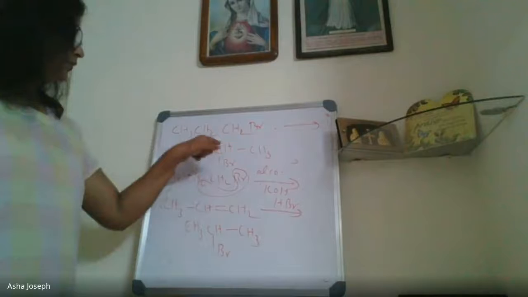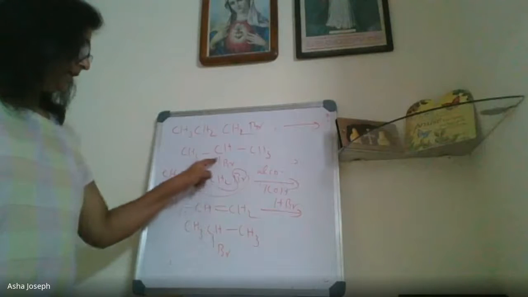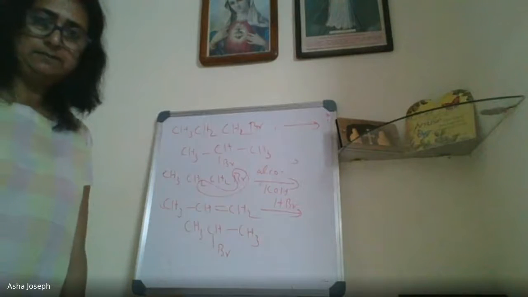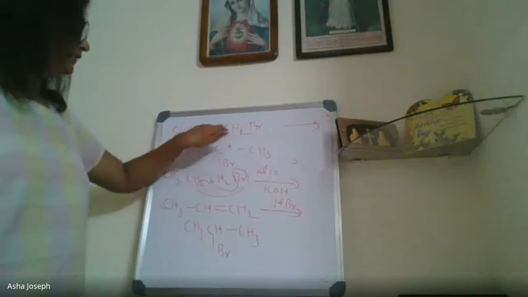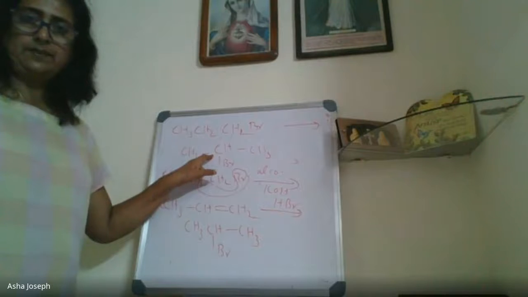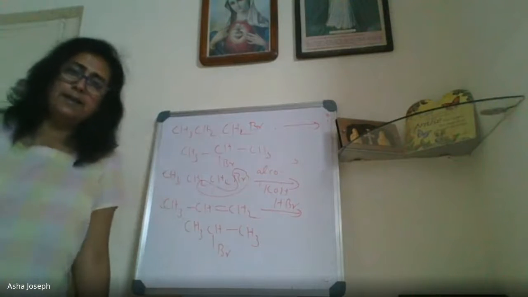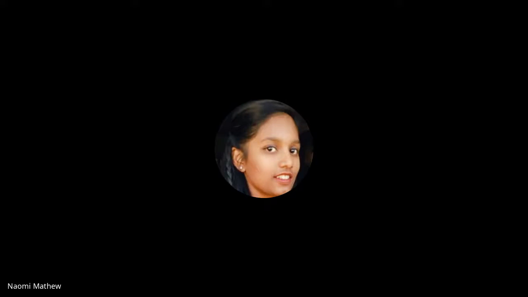Now to get to this, we have to add HBr, and the Br is coming here. So it is Markovnikov addition without peroxide. Clear? So the Br position is changed. You eliminate first and then add. Okay, ma'am, understood.